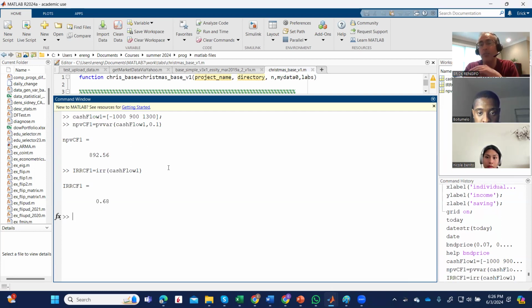I have it here. 0.68 is greater than 0.1, correct? And as soon as 0.68 is greater than 0.1, this project is better than the previous one. Make sense to you guys?